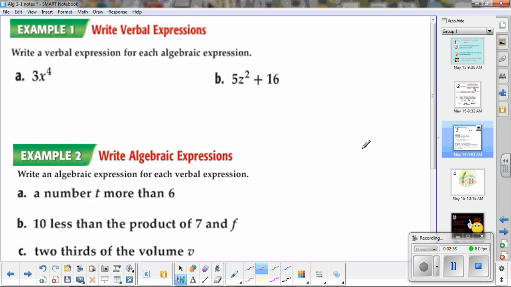In the first example, we're going to take an algebraic expression and change it into a verbal expression. We're going to put it into words. This, 3x to the fourth power, could be written as 3 times x to the fourth power.